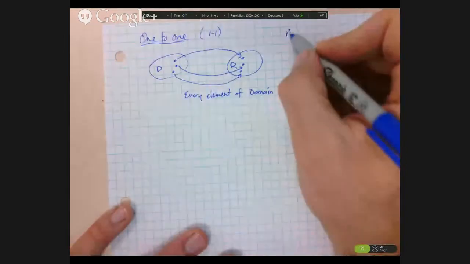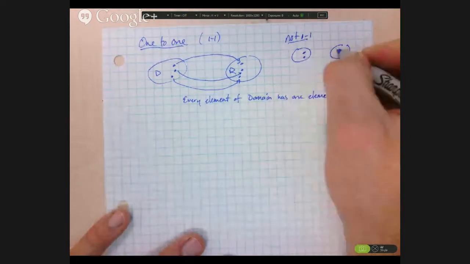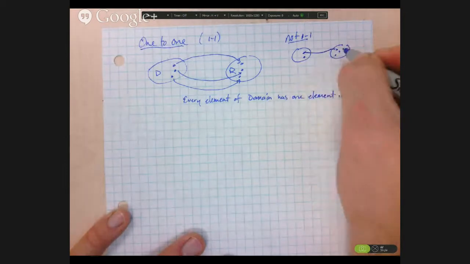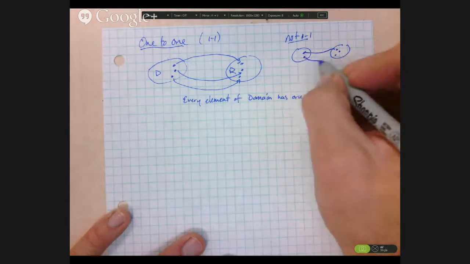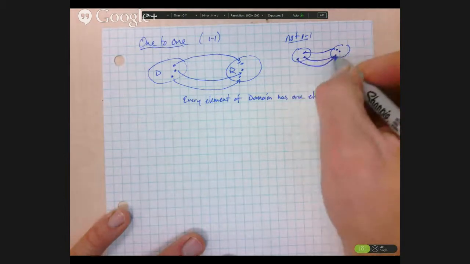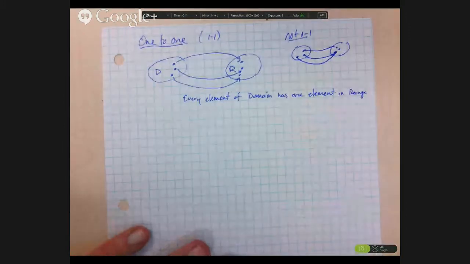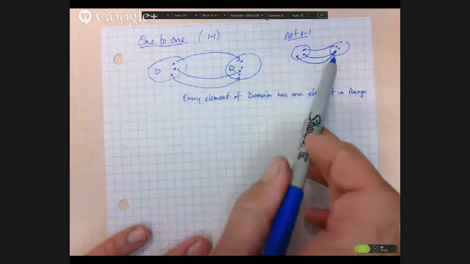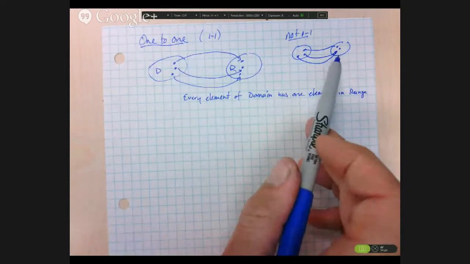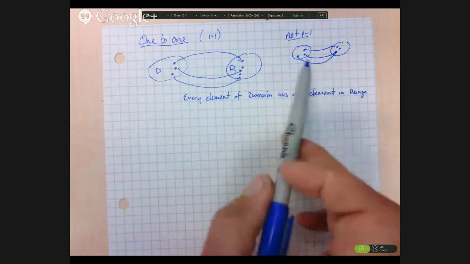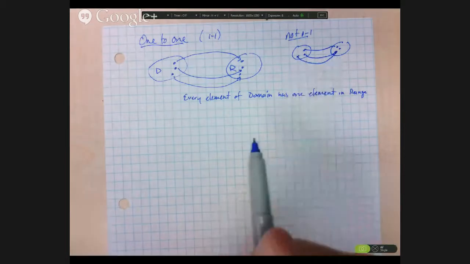Let me give you a not one-to-one real quick. See how they both go to the same element? That can't happen. This is a function because every x has one y value, but it's not a one-to-one function because not every x has its own y.